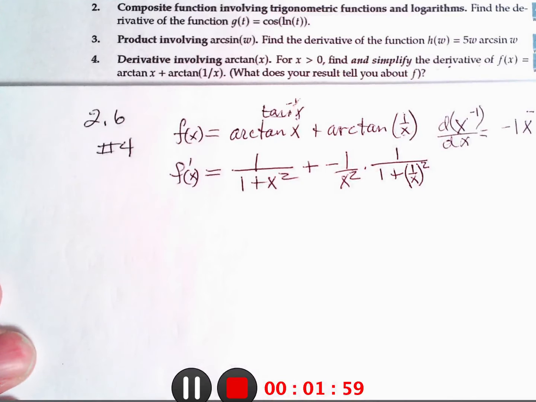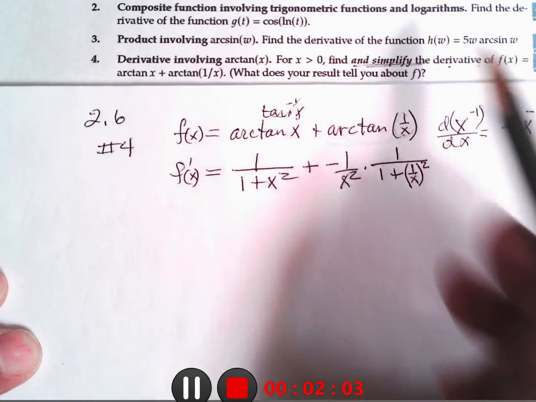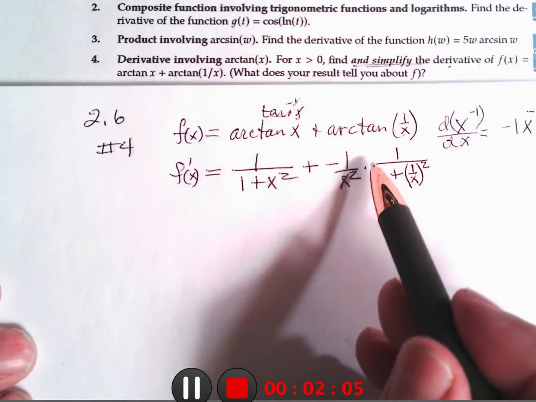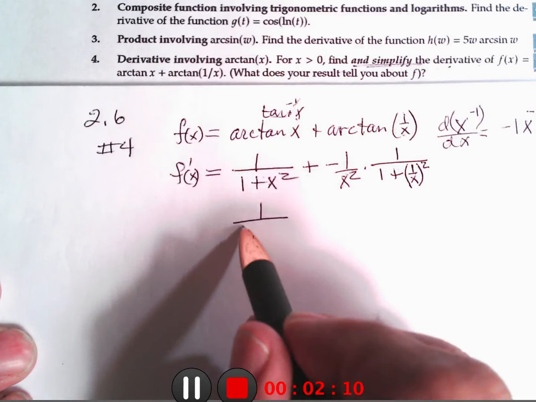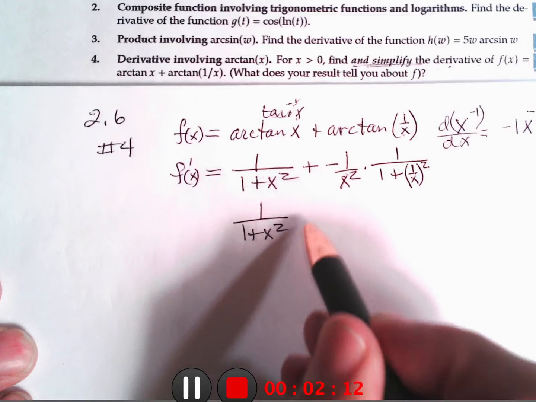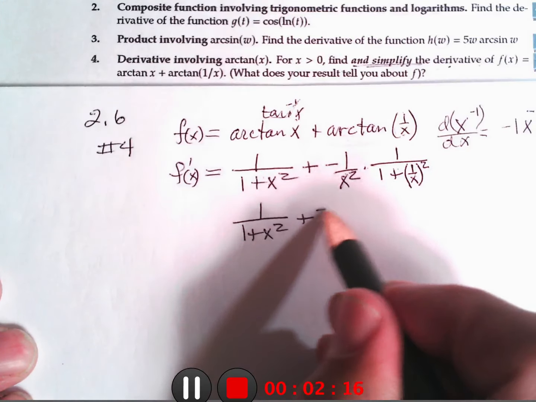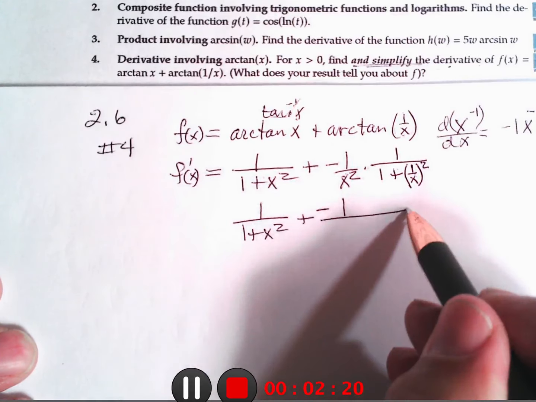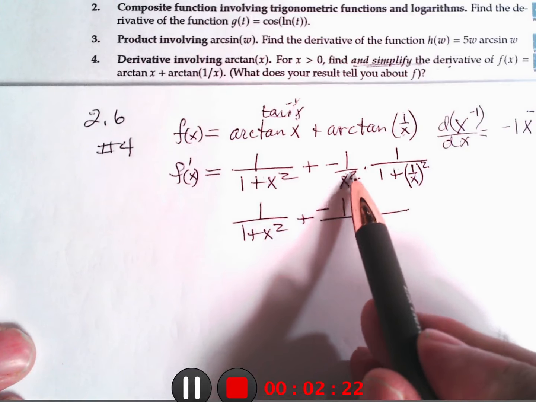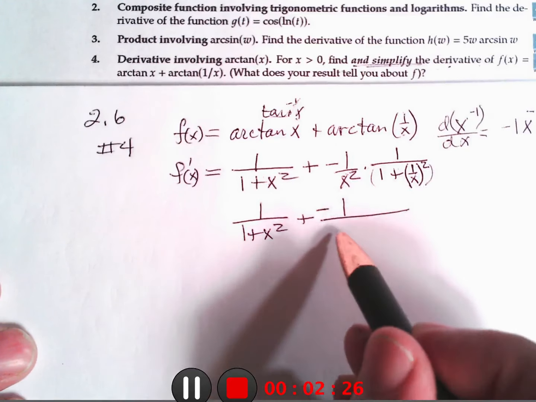Now it says to simplify, so we're going to have to do some little work here. Now these two are multiplied. There's not much we can do with that. Now we got a minus, that'll kind of make everything minus. Minus 1 times 1 is minus 1. But in the denominator we have x squared times 1, this is going to distribute, x squared.